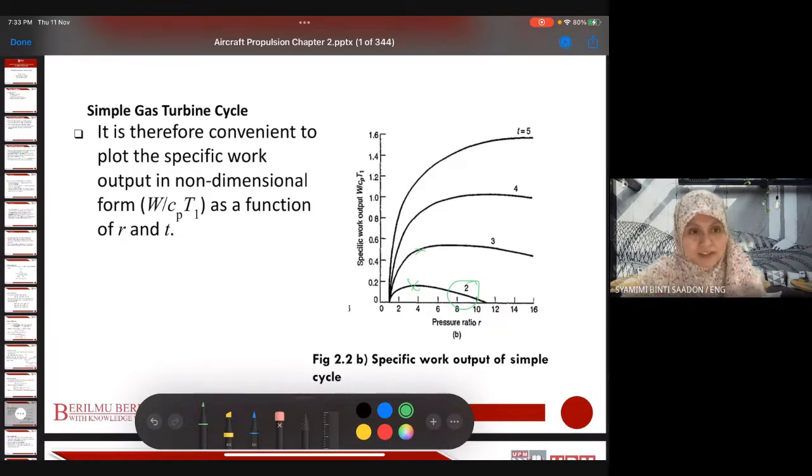So at a higher value of t, if we keep increasing the pressure ratio, the work output will keep increasing until a certain stagnation value. That is the relation between specific work output and pressure ratio. Work output is like the power produced, the net work produced.